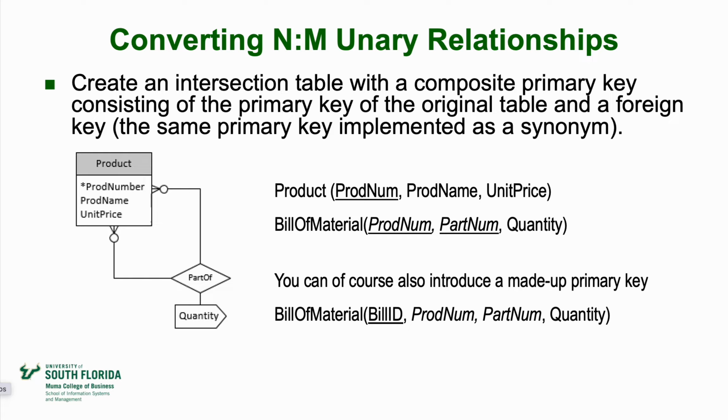So in this ERD, in which the relationship encodes the business rule that the product can be part of any number of other products and that the product can be made up of any number of other products, we introduce an intersection entity, bill of material or whatever, whose primary key consists of the primary key of product and a copy of that key and the intersection attribute quantity. Moreover, as we did before, we can of course also introduce a made-up primary key for the intersection data, a solution that is actually preferred, as we did in the second case.